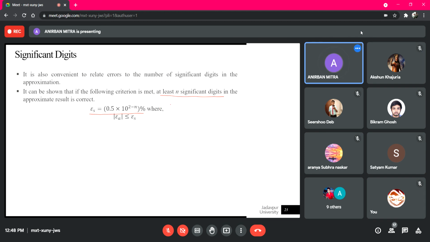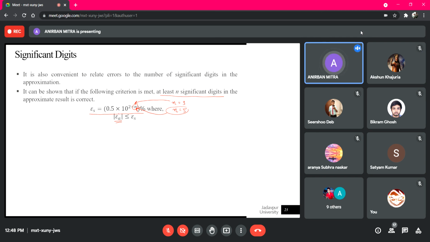So if you want n equal to 3, then you put 3 over here, calculate the value of epsilon s, and then compare it against the relative approximate error. Conversely, if you want n equal to 5, then you put this one here and calculate a separate epsilon s, which then would be compared to this epsilon a.